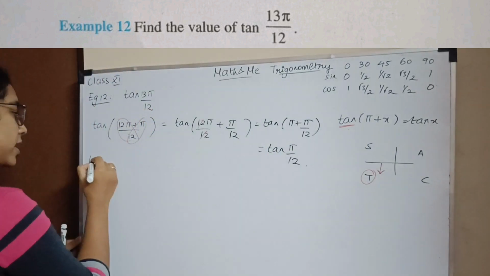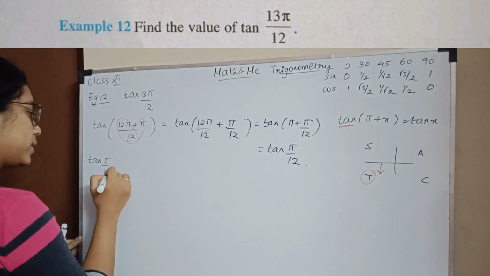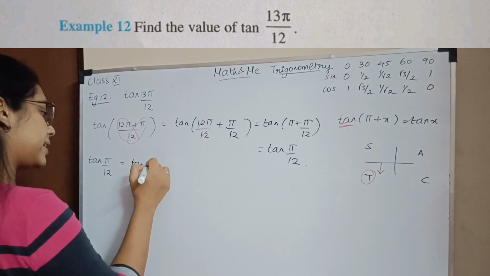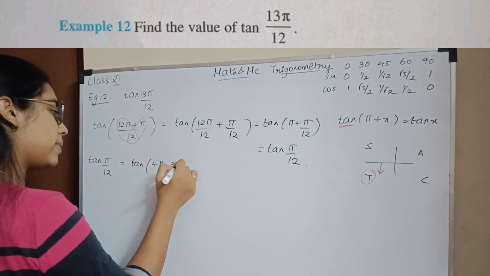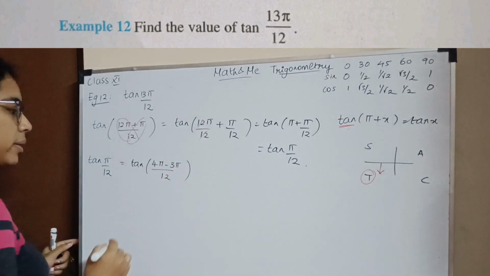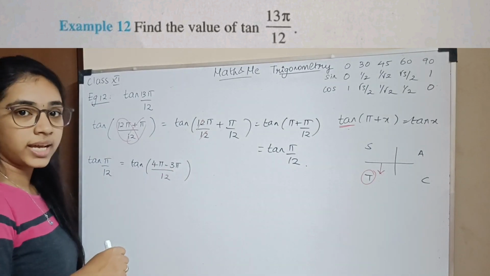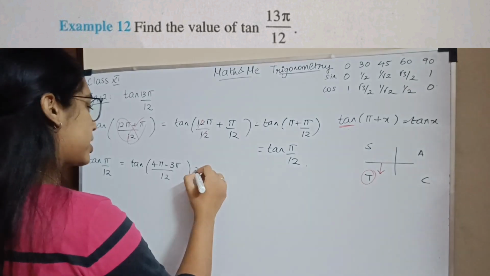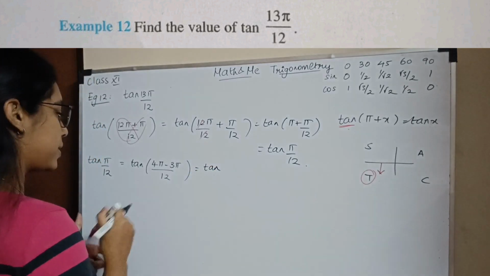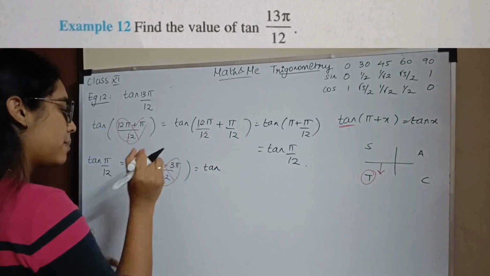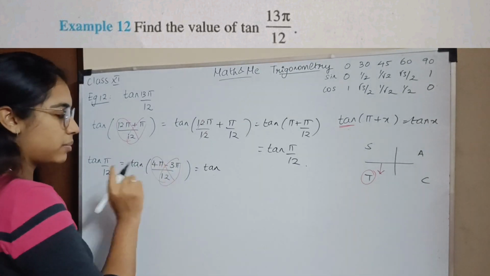Now let us simplify this. Tan pi by 12 can also be written as tan of 4 pi minus 3 pi divided by 12. Why am I doing this? Because 4 and 12 cancel, 3 and 12 cancel. So I have tan of 4 pi by 12 minus 3 pi by 12. Don't forget the minus in between.